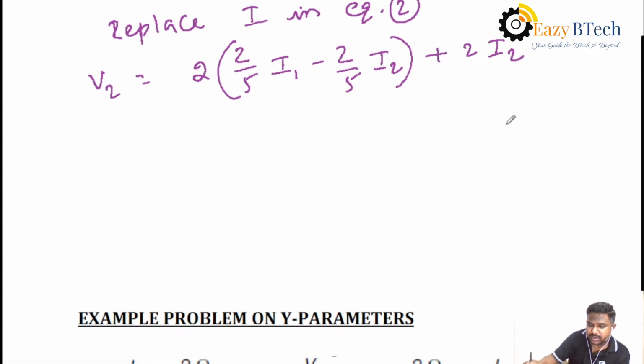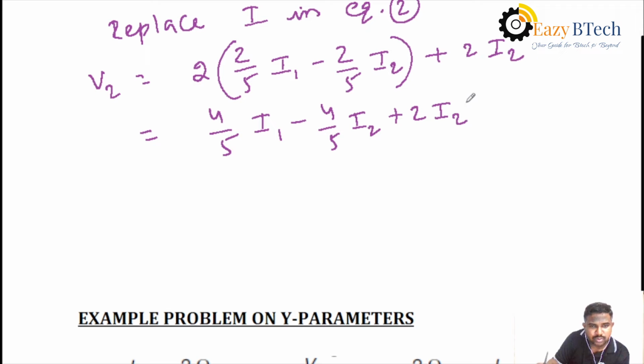Then simplify the equation here, that is 4 by 5 I1 minus 4 by 5 I2 plus 2 I2. That is 4 by 5 I1 plus 6 by 5 I2. This is the value of V2.